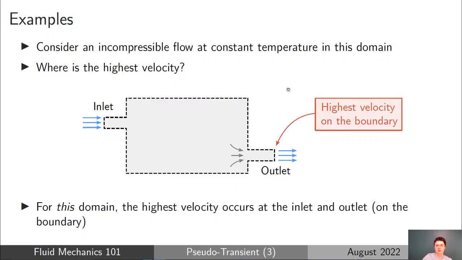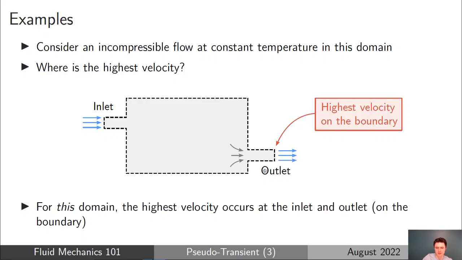Now, the first domain I want you to think about is this simple example here, which has a small inlet, a small outlet, and then the flow moves out into a very large space, like a tank, for example, or an open room full of air. Remembering from that previous slide, we want to use the highest velocity for our characteristic speed.